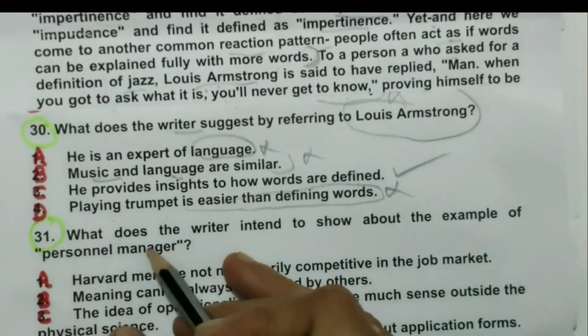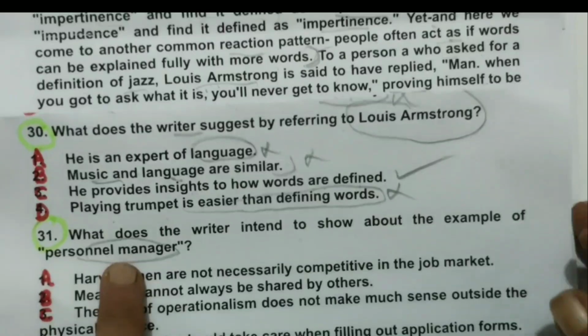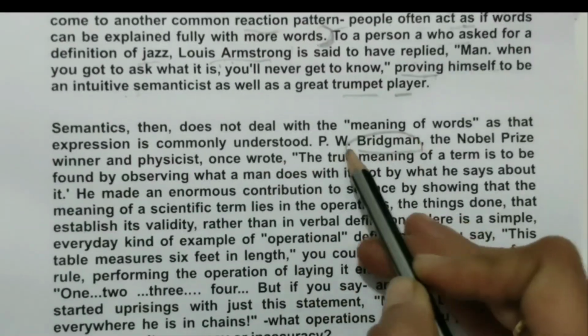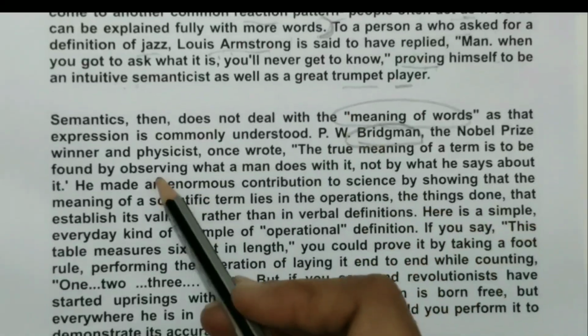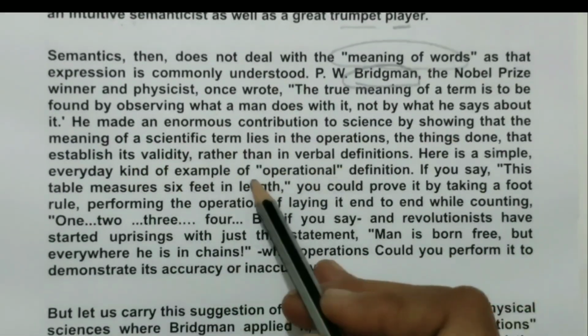31, what does the writer intend to show about the example of personal manager? Okay, let's read personal manager. Let's find, this person name is there, meaning of words is there. I'm looking for personal manager.